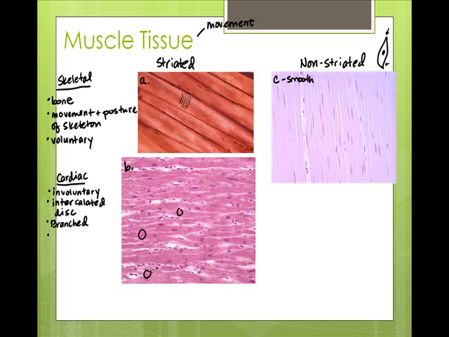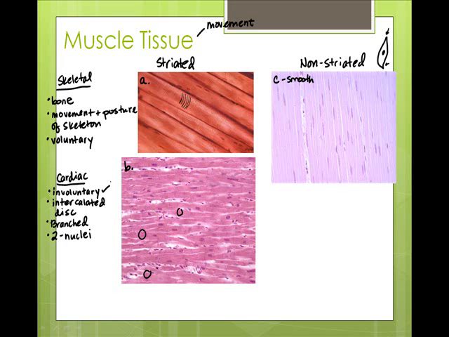These muscle cells also have about 2 nuclei. And remember, even though cardiac muscle is striated, even though it has the stripes, which you can't see too well on this picture, it's still involuntary.